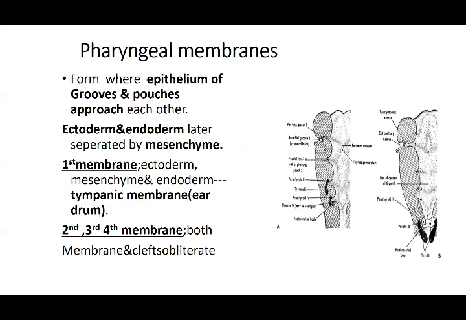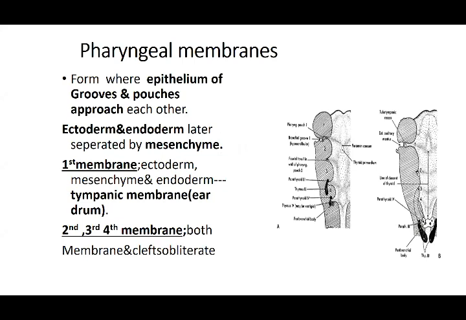Now, we said the pharyngeal membrane is that portion where, if you see in this picture, on the inside is your endoderm, lining the endodermal cavity, because endoderm lines all your body cavities and body organs. On the inner side it's going to be your endoderm, the outside is going to be your ectoderm, and where the two meet in the middle is your mesenchyme.